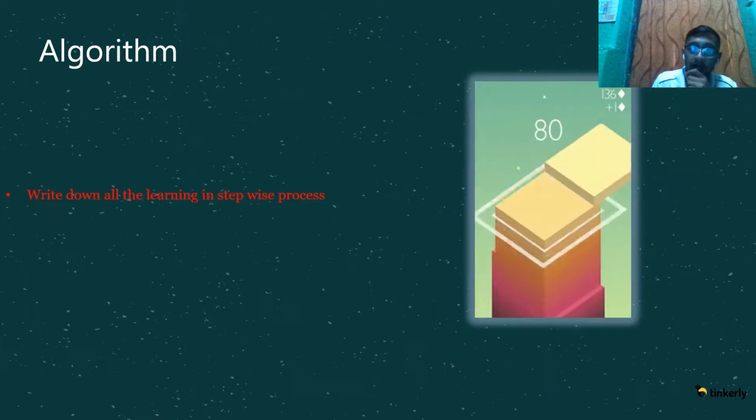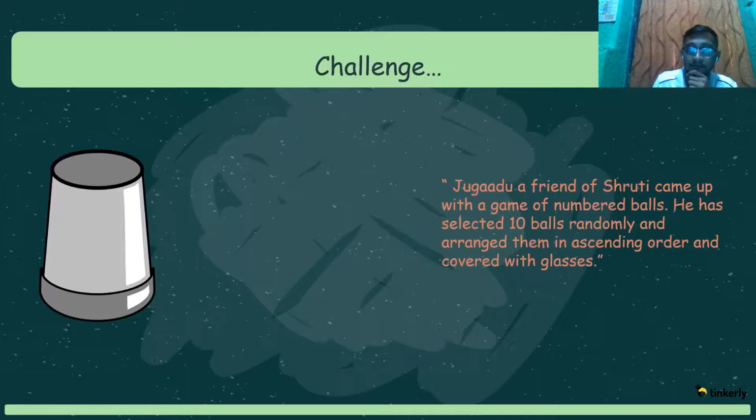Now I have a challenge for you. So what is the challenge? Jugadu, a friend of Shruti, came with a game of numbered balls.